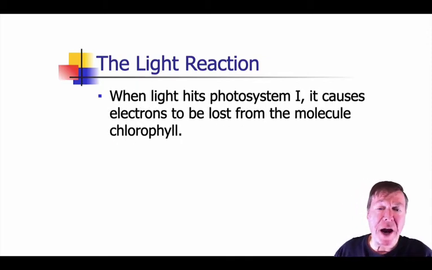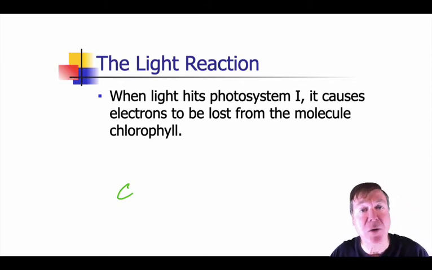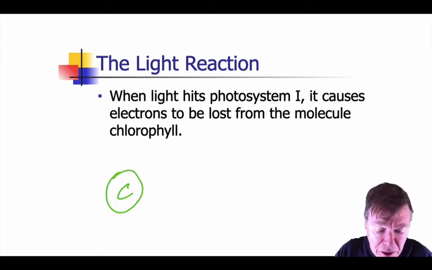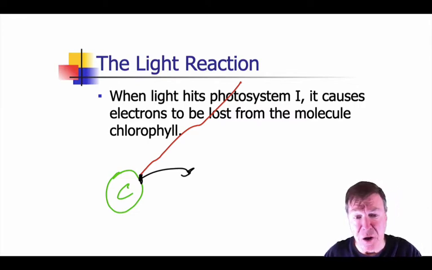All right. When light hits photosystem 1, it causes the electrons to be lost from the molecule chlorophyll. So you have a chlorophyll molecule here. Okay, and I don't care what the structure is. Light comes down and hits it. The electron jumps from that molecule out. Where does it go?